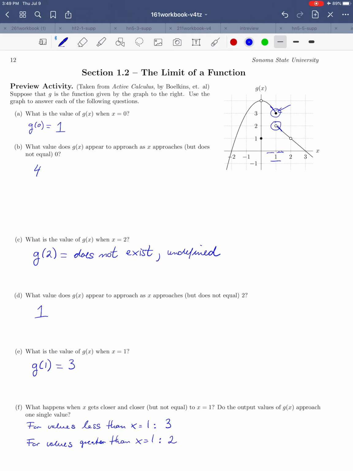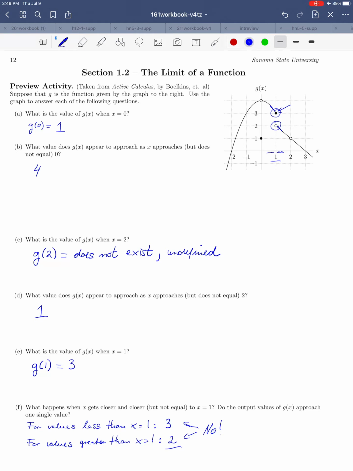The second part of the question was, do we approach a single value? And here the answer is no. 3 is not equal to 2, and we were approaching 3 as x approached 1 from the left, and we approached 2 as x approached 1 from the right. That is not a single value.